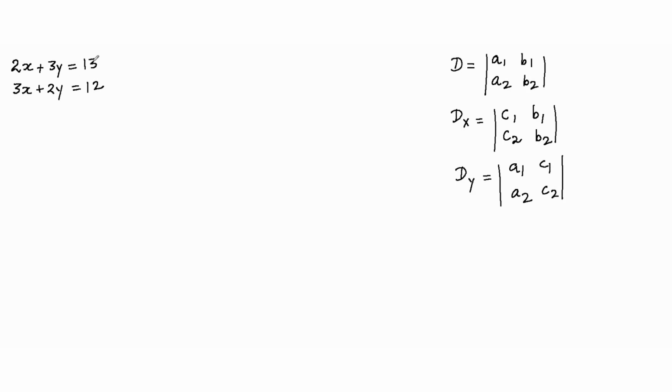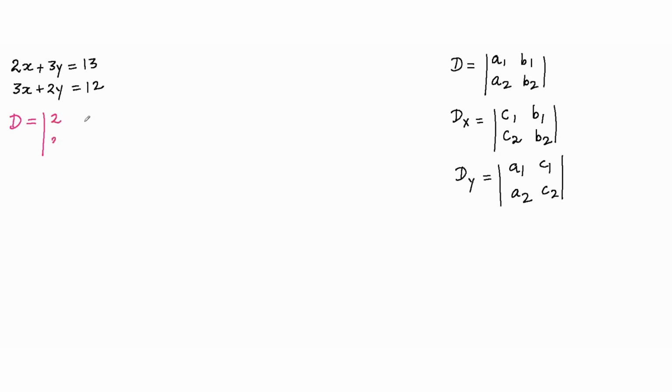So now I have a set of simultaneous equations here. I have arranged all the x and y terms on one side and constants on the other side. That is a requirement for applying Cramer's rule. So now let's go ahead and calculate the master determinant. What is the master determinant? Master determinant is that determinant that contains the coefficients of x and y.